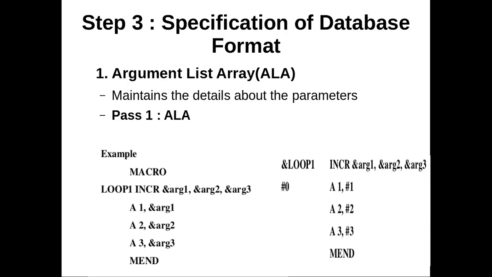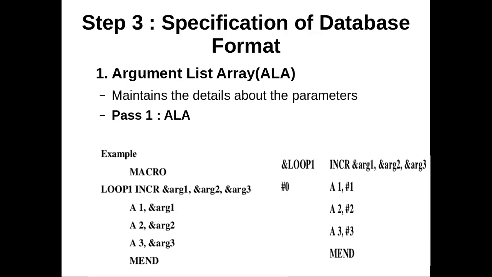Now we are moving on to the third step, the specification of database format. We have to define the structure of the databases used in both pass 1 and pass 2. Here we need to study only the main three databases: the argument list array, the macro definition table MDT, and the macro name table MNT.